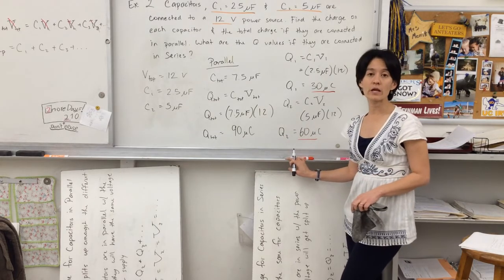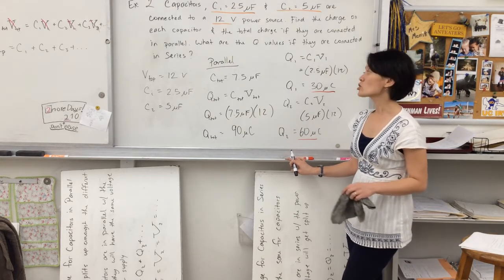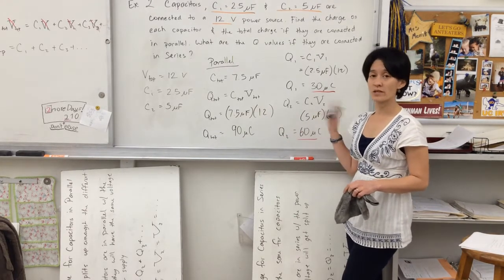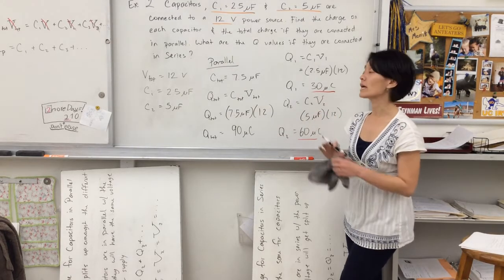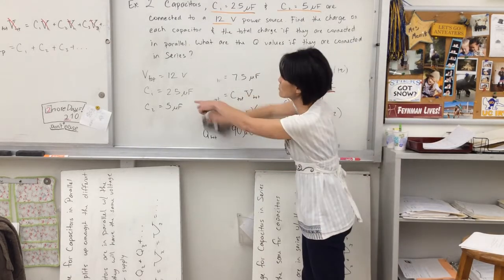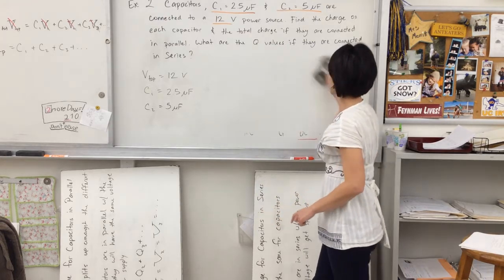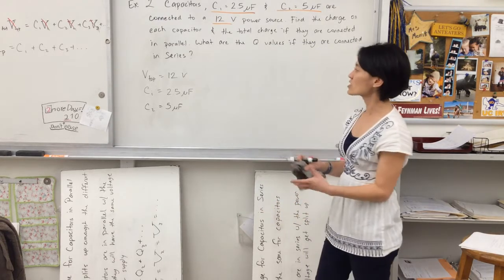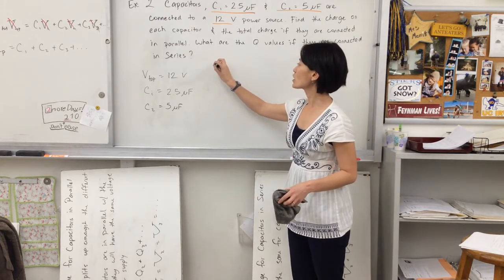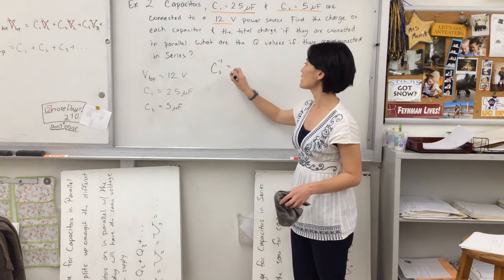So now let's look at what it would be if it was in series. I'm going to erase this, and if you didn't write this down, you can just rewind the video and get it. These values stay the same, but how things combine is going to be a little different. Let's start off by again finding the total capacitance. For capacitors in series, they add up as inverses.